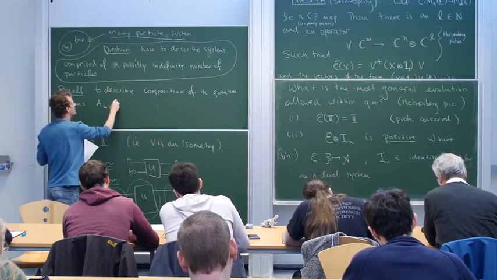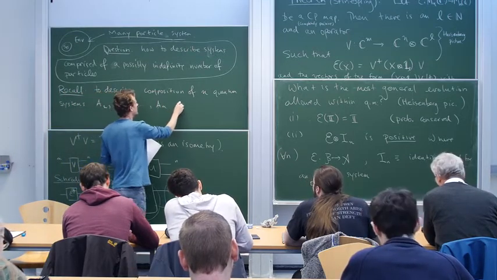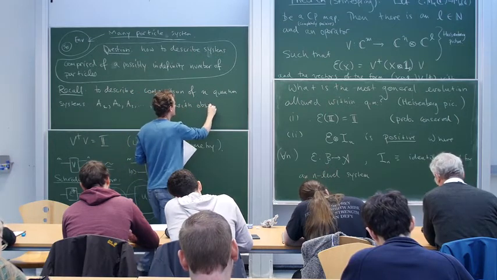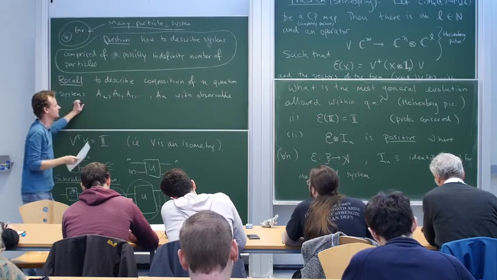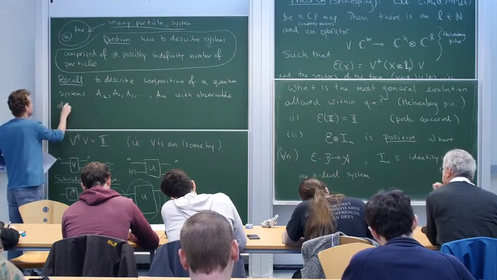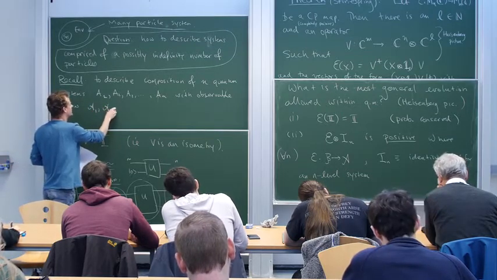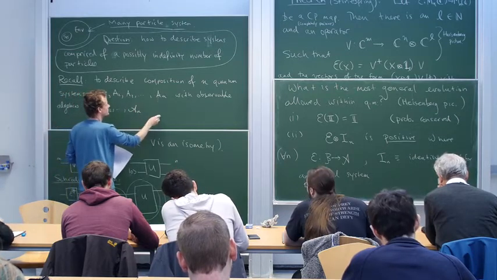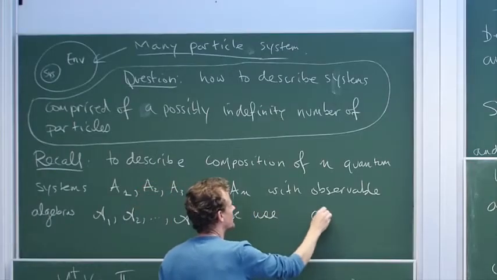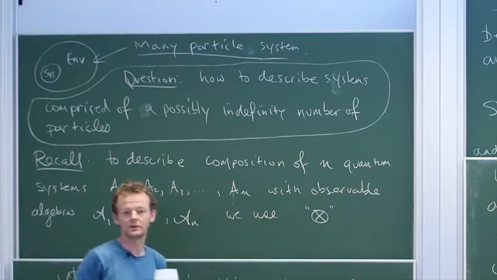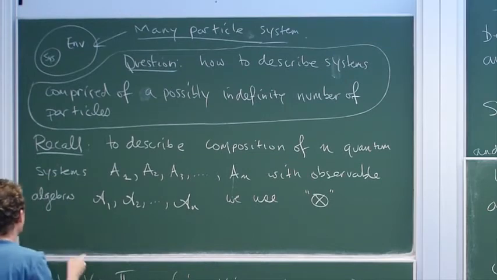So if we have n quantum systems, A1, A2, A3, up to AN, with observable algebras, meaning a bunch of matrices, calligraphic A1, calligraphic A2, the way we do that is via the tensor product symbol.